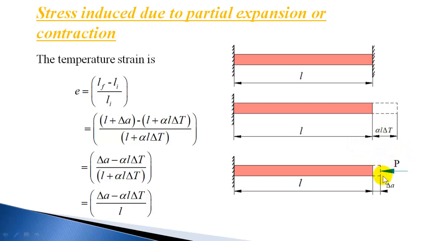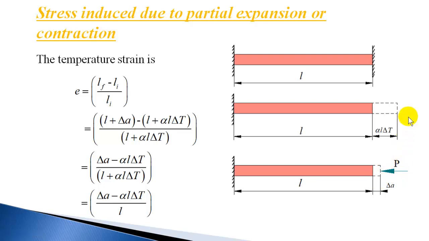Some amount of constraint is there, so the constraint is exerting a compressive force to reduce the length from the natural state. So compressive force is acting on it, but the amount of compressive force will be less because some amount of expansion is permitted.